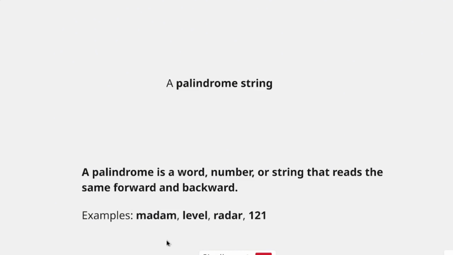For example, madam, level, radar, and the number 1, 2, 3. If we read from left to right or right to left, the letters should be the same. If it is the same, we print it as a palindrome, otherwise it is not a palindrome.